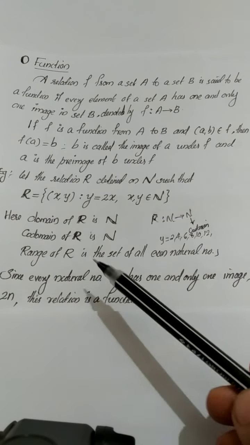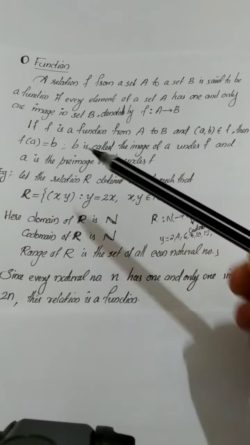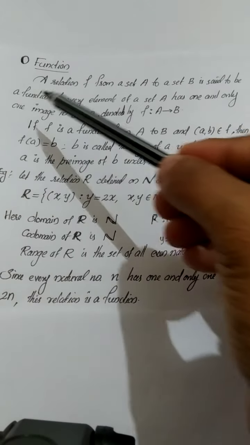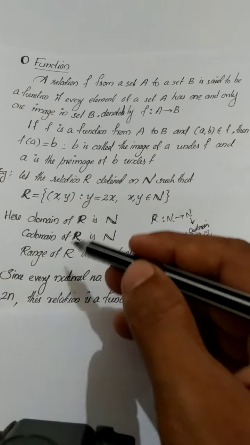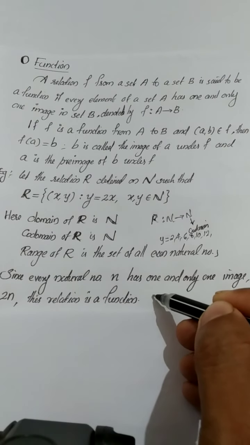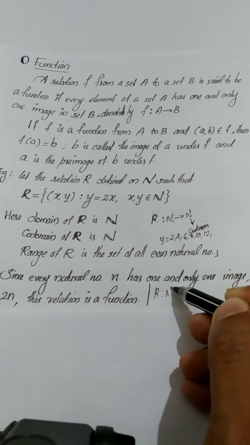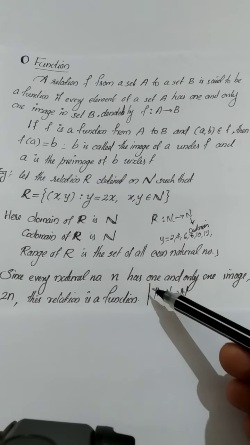Next we are going to check whether R is a function or not. So what is the definition of a function? Every element of N has one and only one image in N. So here the relation is from N to N. What is the condition of a function?